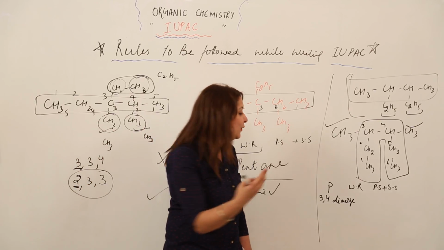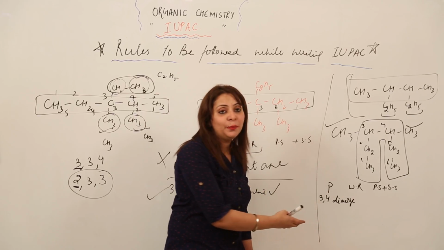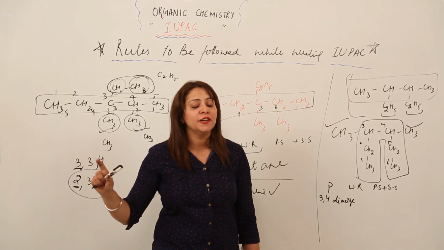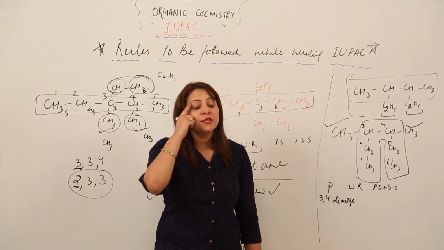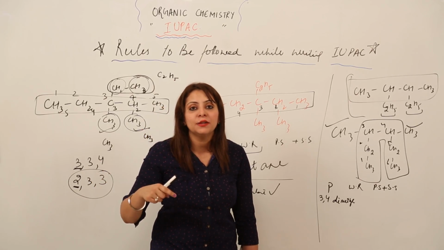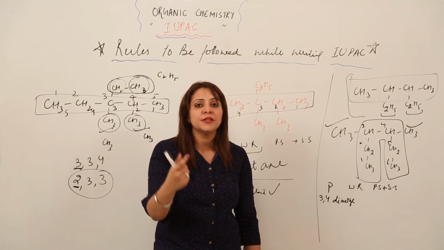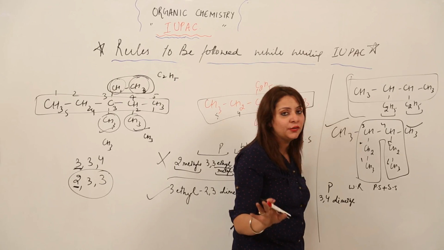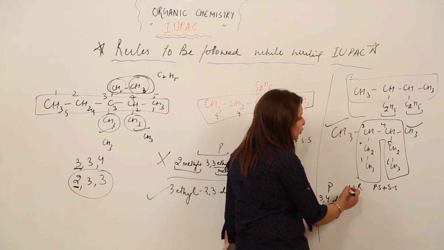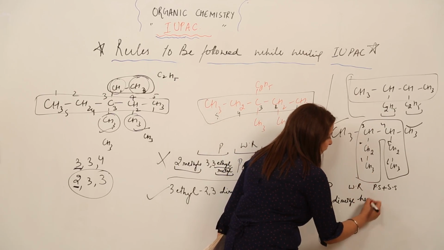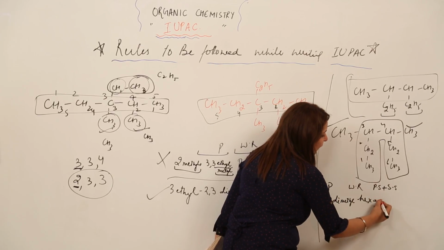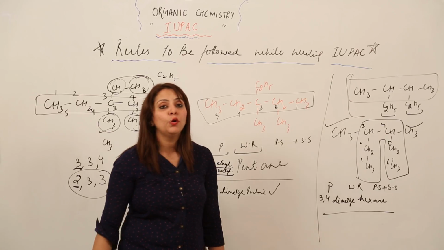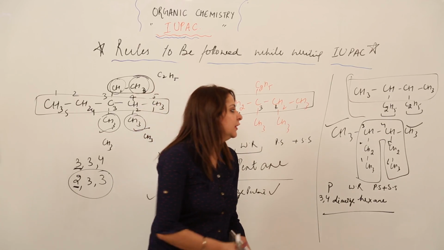In a similar way, we have to address in such an order that by looking at the name, we can formulate the structure in our mind, what kind of bonds or groups it possesses. We are done with the prefix because there is no other prefix left. Word root is hex. Primary suffix, we see only a single bond, and there is no secondary suffix. So the name becomes 3,4 dimethyl hexane, right?